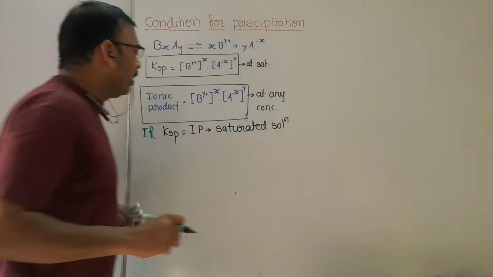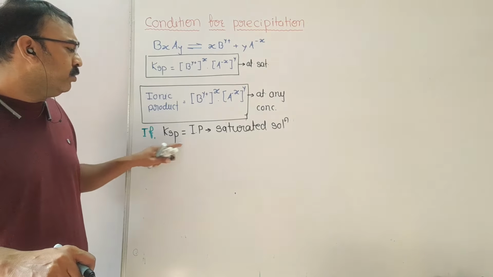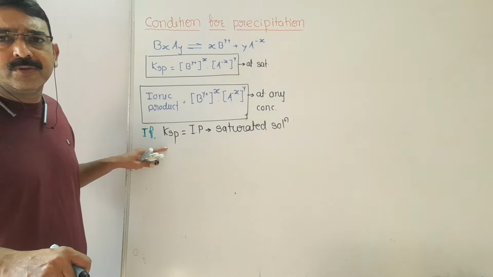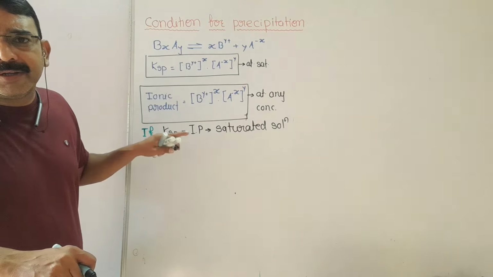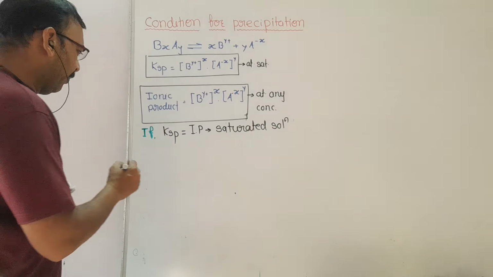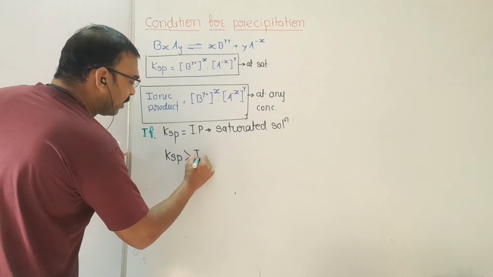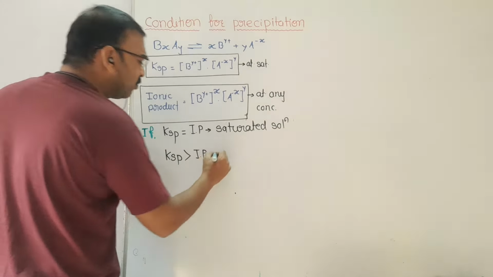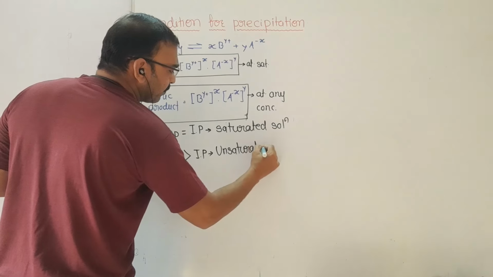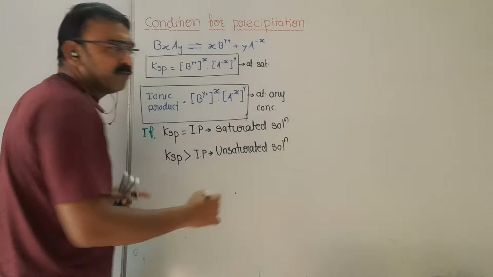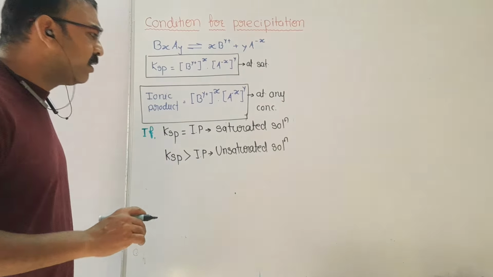बरोबर है? अगर हम solubility product और ionic product को कंपेयर करते हैं, for the solution दोनों अगर सेम है तो ऐसा सॉल्यूशन सैचुरेटेड सॉल्यूशन होता है और सैचुरेटेड सॉल्यूशन में प्रेसिपिटेट फॉर्म नहीं होता. If solubility product is more than ionic product, such a solution is called unsaturated. ऐसा सॉल्यूशन अनसैचुरेटेड सॉल्यूशन होता है, and even the precipitate does not form in that unsaturated solution.